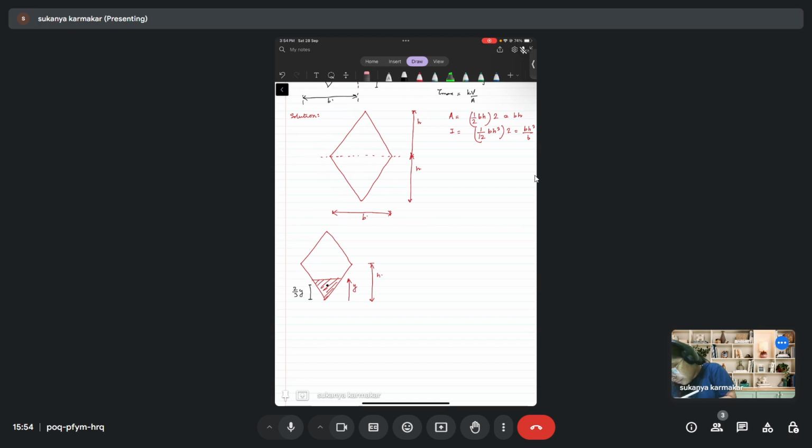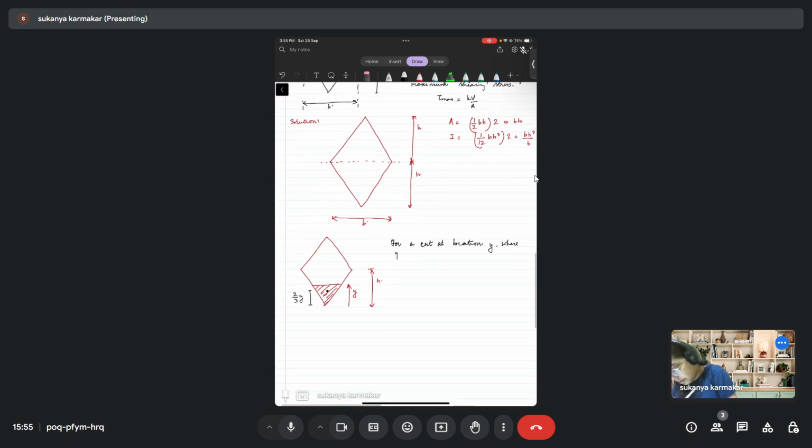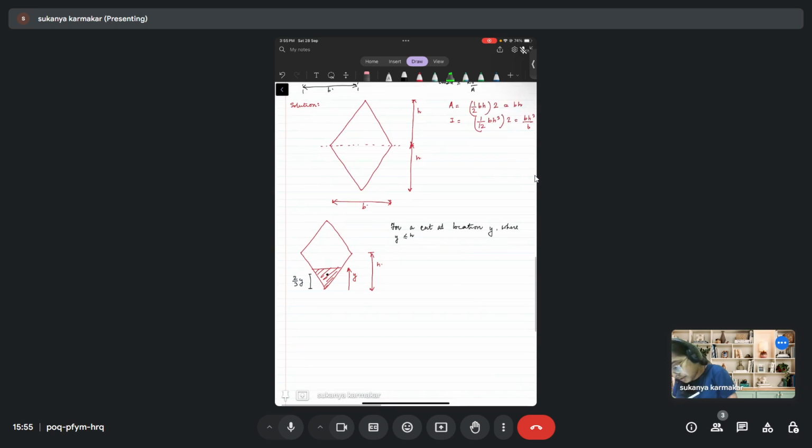So for a cut at location y, where y is less than or equal to h, what is the area of the shaded portion? It will be half into height, which is y. So you need to find this base distance.